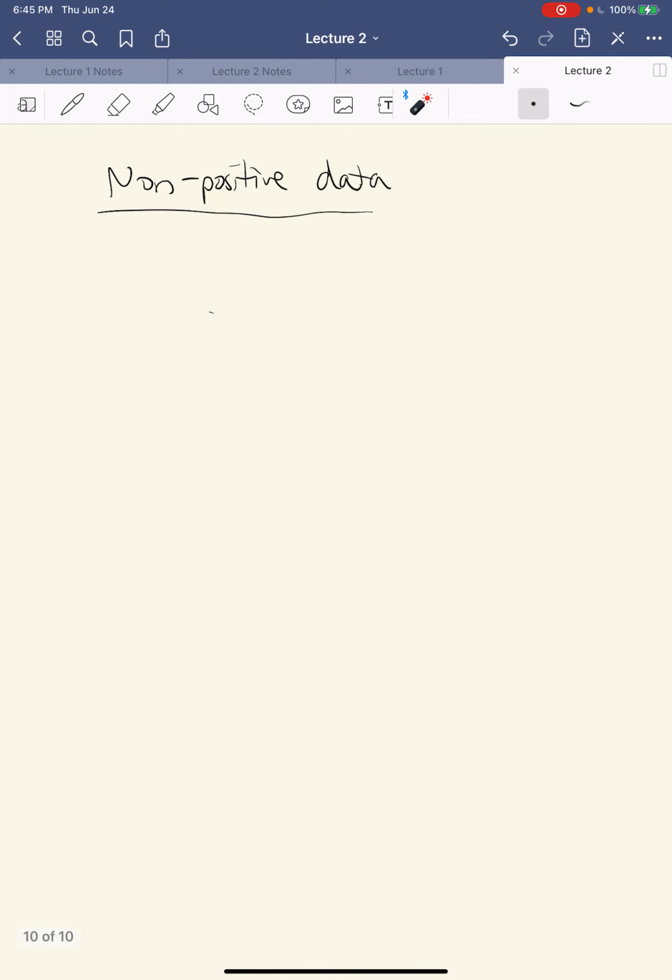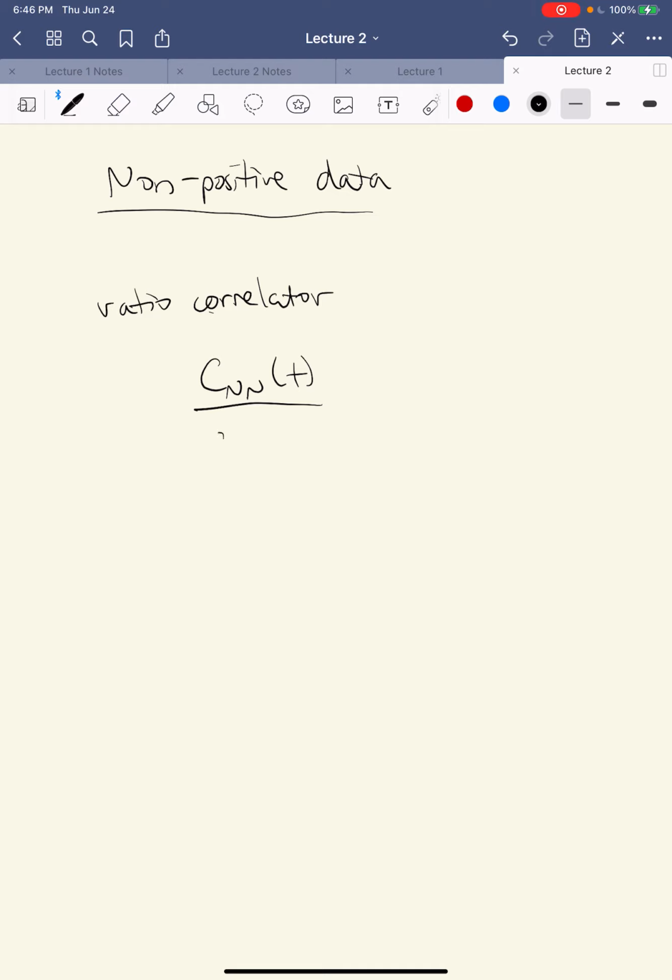So let me just write that down. So the thing we look at is the ratio correlator. And so this is the 2-nucleon correlator divided by the single nucleon correlator squared.